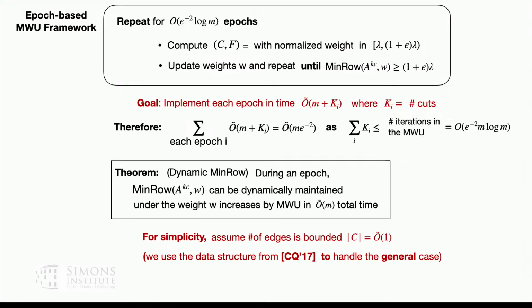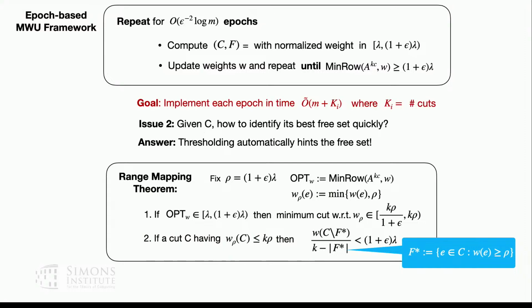Before that, there's also another issue that you can focus on, which is how to identify the best free set quickly. The key answer is that whenever you do thresholding, it will automatically give this free set for you. This can be summarized in the following mapping theorem.